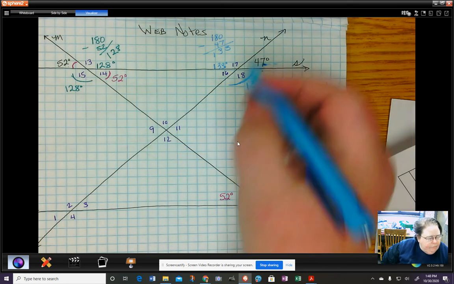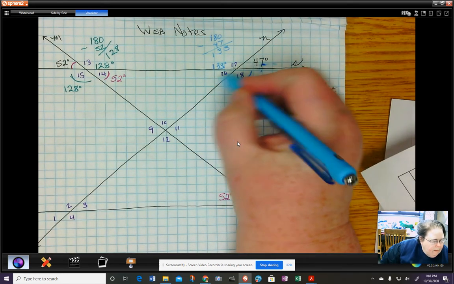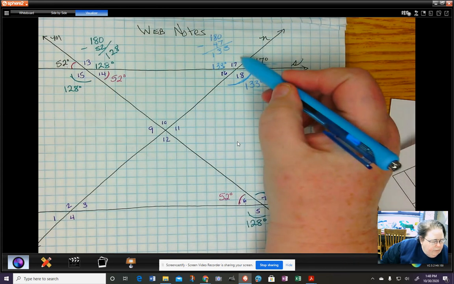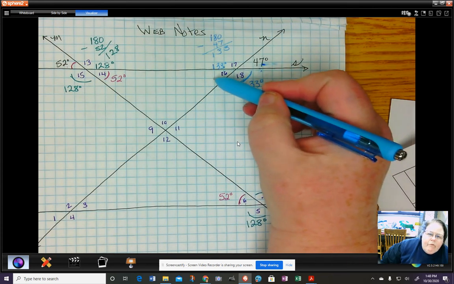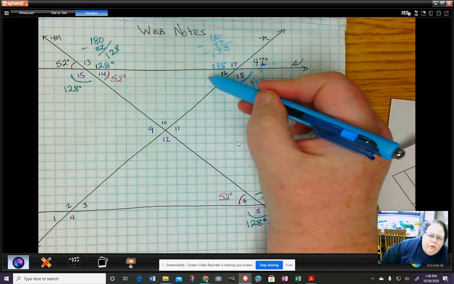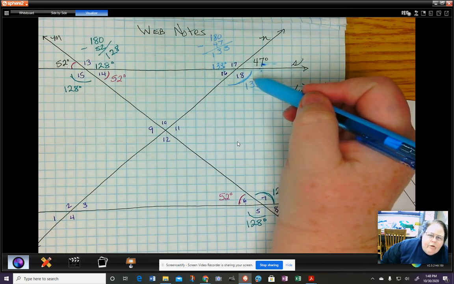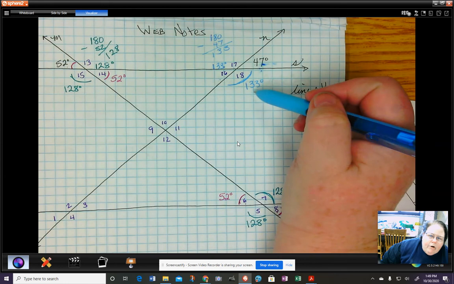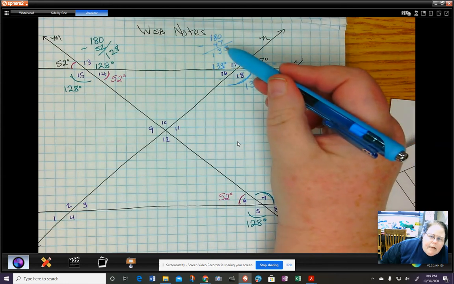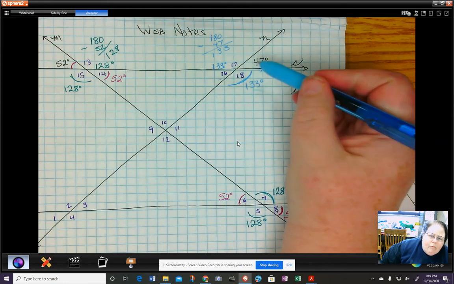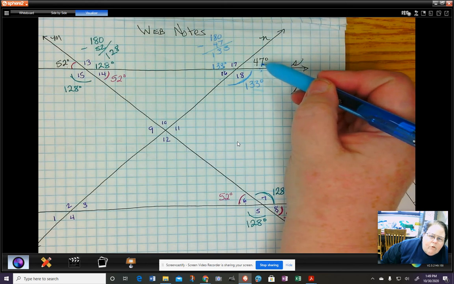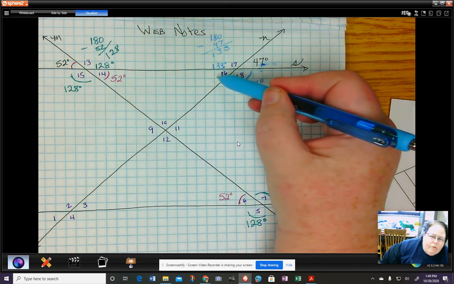What do I know about angle 16? It's a linear pair or a straight angle with 17. It's also a straight angle with 18. So I could subtract 133 from 180, but I can also recognize it's a vertical angle with the one given to us.